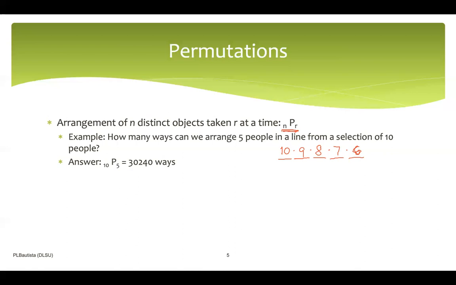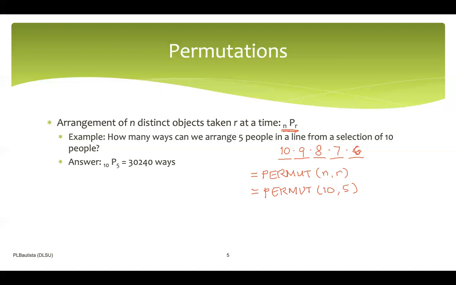Okay, so in Microsoft Excel, you can also compute this. You have a formula equals PERMUT n and r. Okay, so for this particular example, all you have to do is to type PERMUT(10,5), and that should give you the answer in Microsoft Excel.